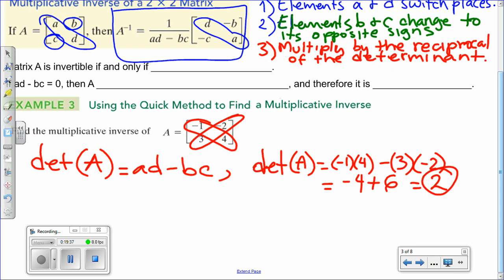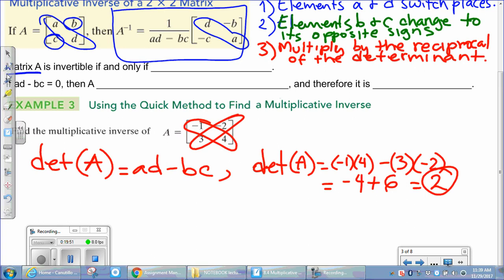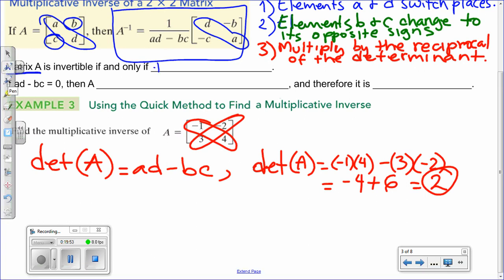Well, first of all, the matrix A is invertible if and only if the determinant is not equal to 0. Why?